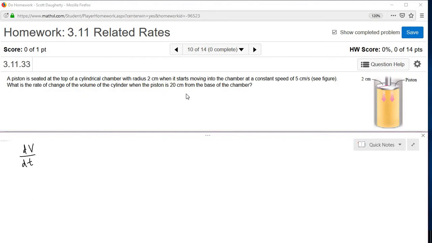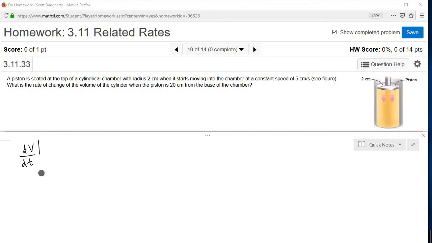And we want to find it when, I'm going to call this the height, the distance from the bottom of the cylinder all the way up to the top of the piston. I'm going to call this h for the height. We're supposed to find the rate of change in the volume over time when the height of the piston is 20 centimeters, as measured from the base of the chamber.